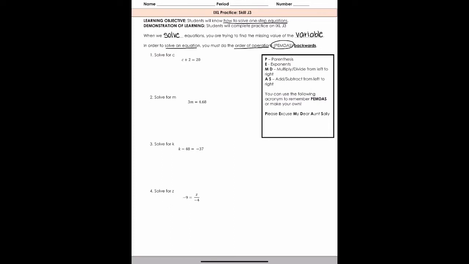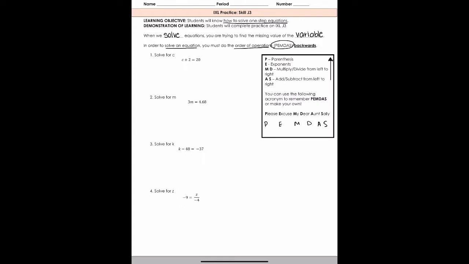So we start on the bottom and we're going to go to the top here. You can use the following acronym to remember PEMDAS or make your own. Please excuse my dear Aunt Sally, or you can make up whatever you want to remember that it is PEMDAS.